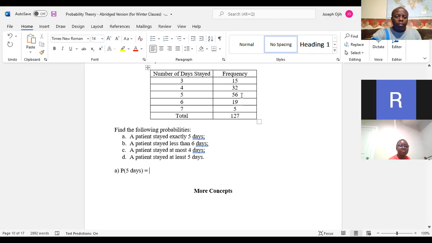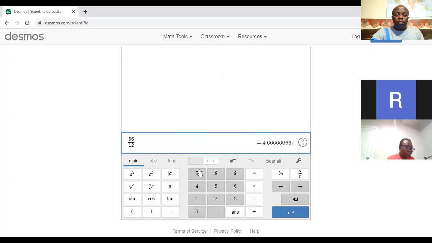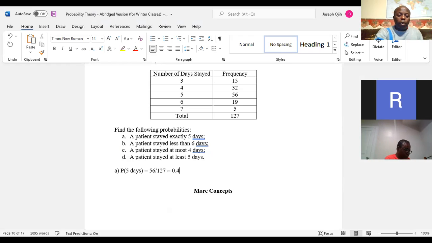So it will be 56 out of the total frequency, which is 56 by 127. 56 by 127 is 0.440944, which we round to 0.441.